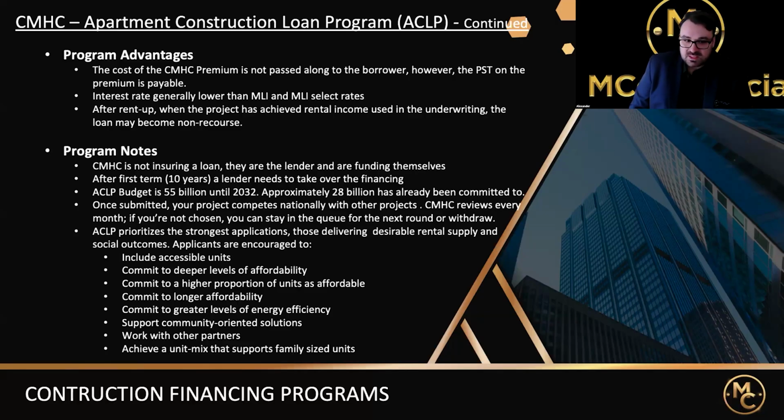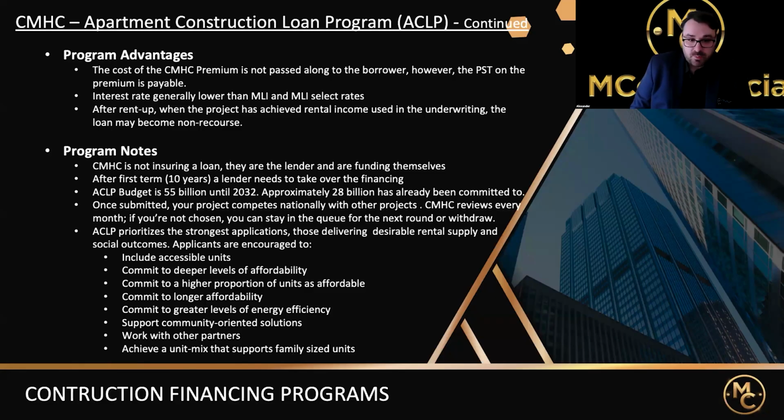And I want to touch base on this specifically because it's important to know that you might qualify for the program, but just qualifying for the program doesn't give you points. You have to give more to get points, right? For example, for the affordability, they might say your affordable rent is $2,000 a month. However, you won't get points for $2,000. You have to be even cheaper than that to start getting points.